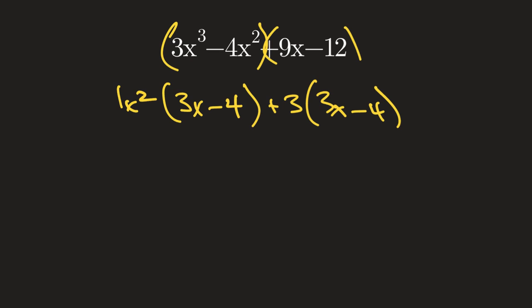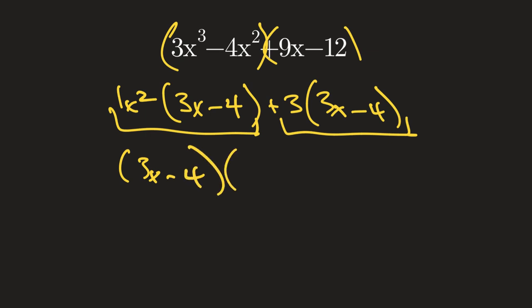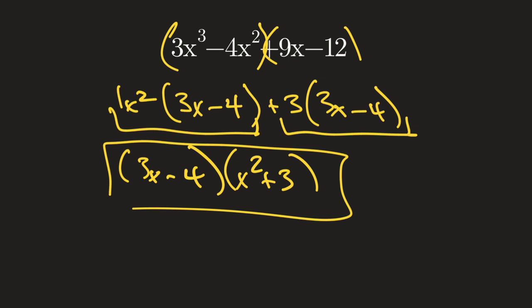Now, exactly what we did on the first slide, we're going to look at this as one term and that as one term. What's common in both those terms? 3x minus 4. And if you take 3x minus 4 out of both those terms, what's left? X squared plus 3. Factor by grouping.